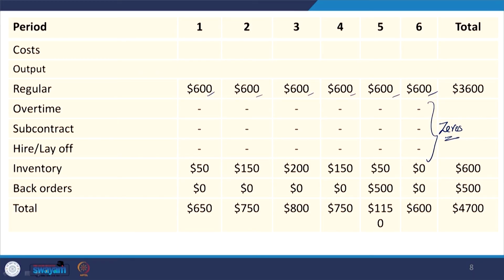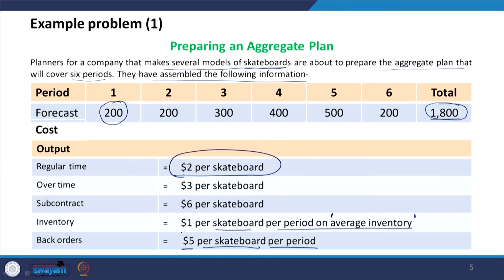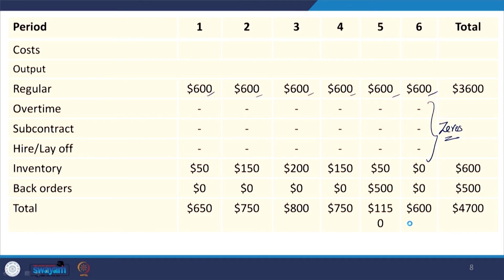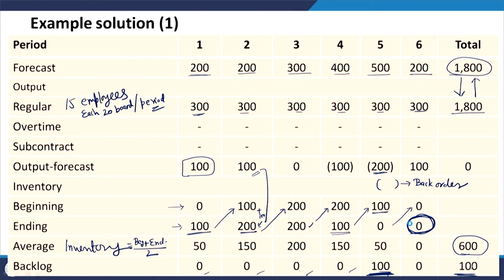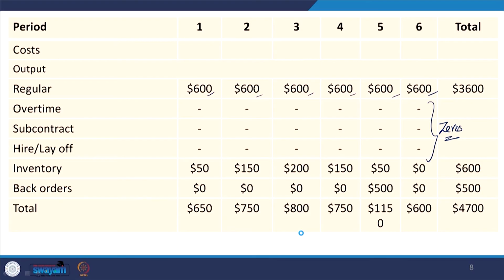And then inventory. The inventory cost, if you remember, we incur at the rate of $1 per board per period on average inventory. So, if you see the average inventory in the first period was 50, then 150, then 200, 50, 150, 200. So, the inventory cost is $1 per period on average inventory.